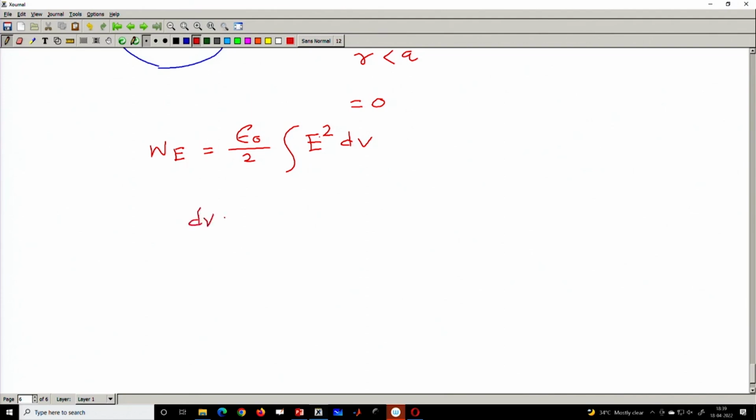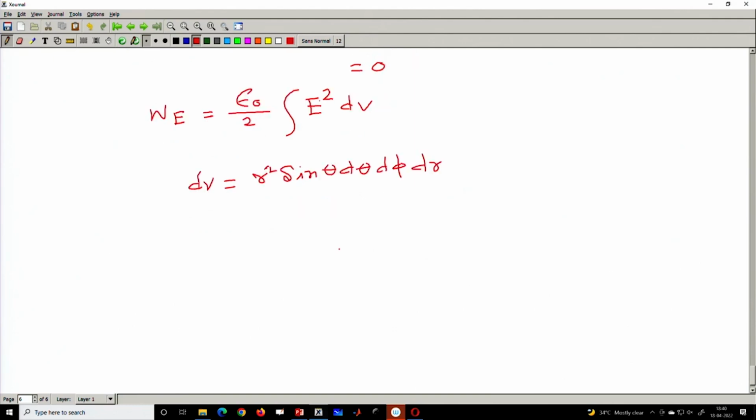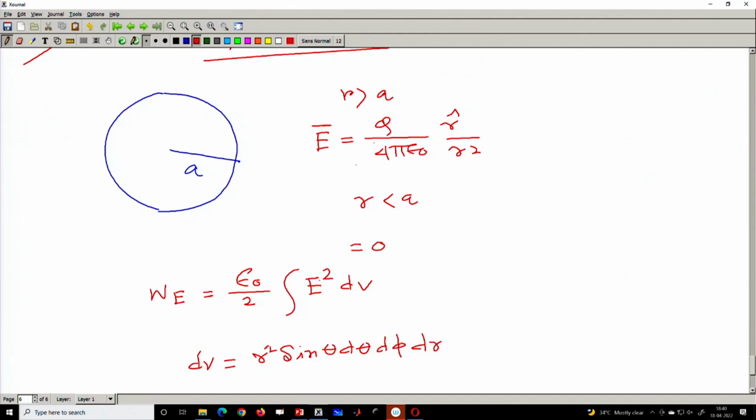So, dV should be the volume element in spherical polar coordinates, it is r square sin theta dr d theta d phi. This is the volume element we know.